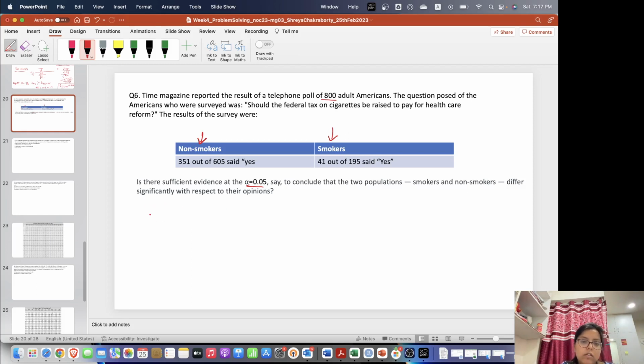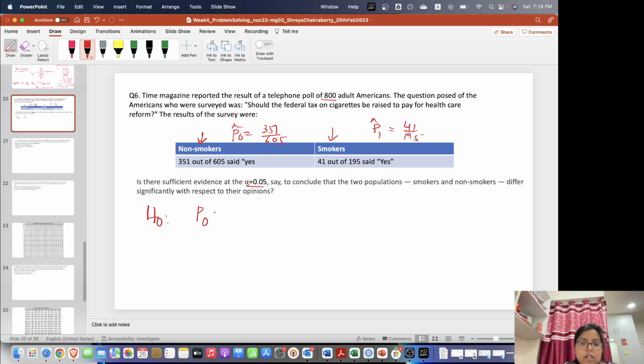So here it is a test for population proportions. So let's say P0 hat is 351 by 605 and P1 hat is 41 by 195.